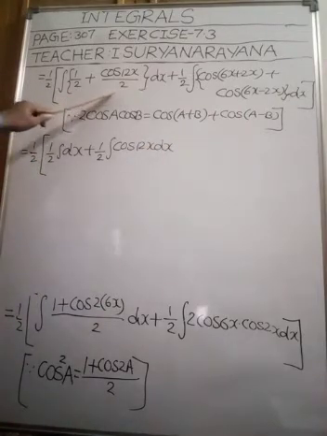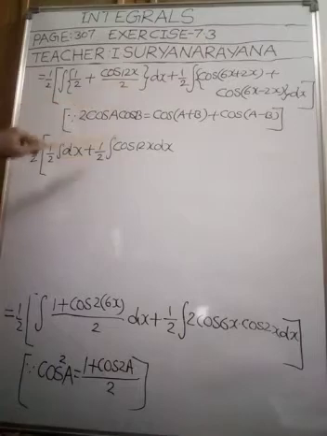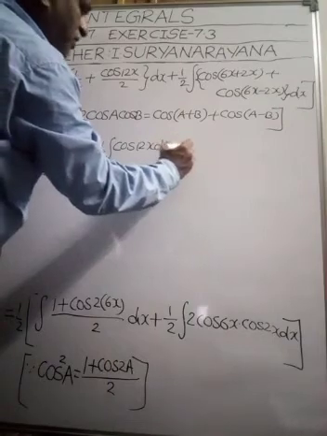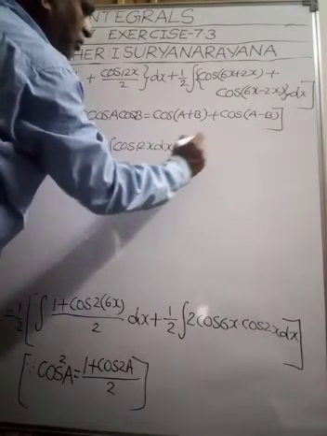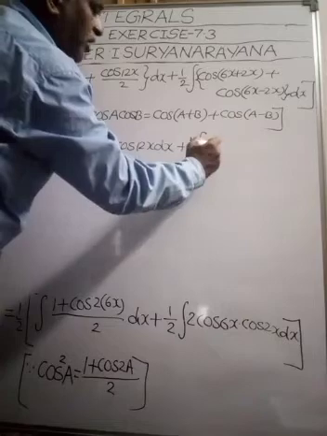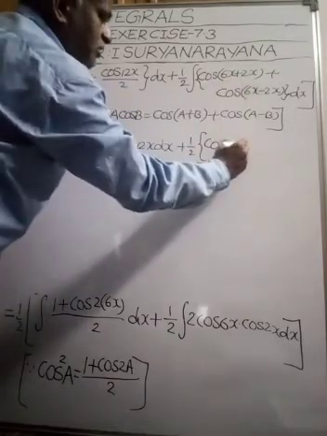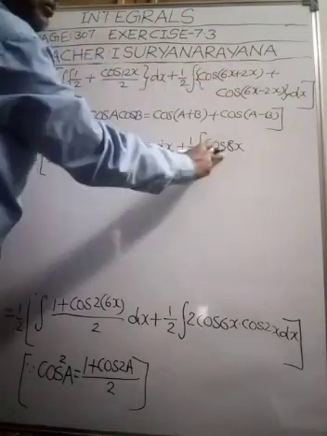Understood this term, my children? Now let us simplify these terms. Plus 1 by 2, plus 1 by 2. What do we get here? Cos of 6x plus 2x, which is 8x.